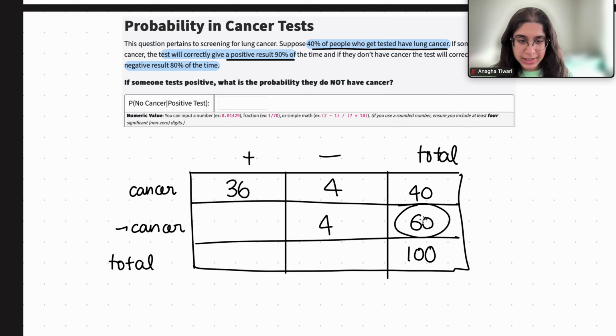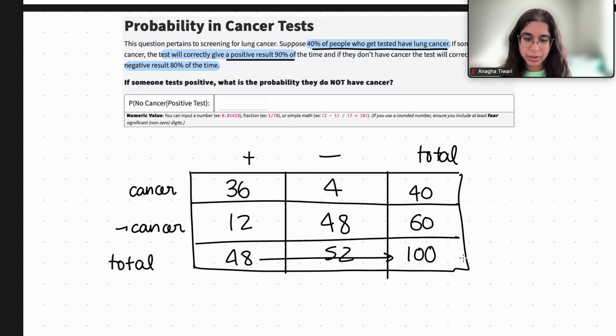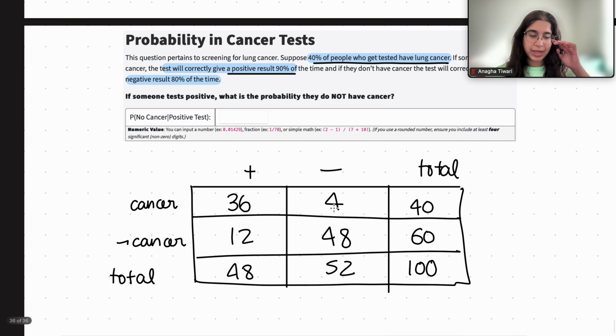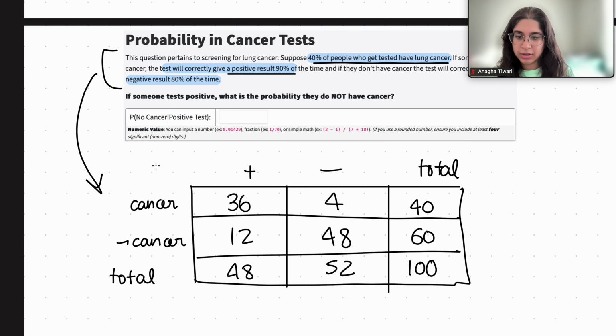So out of these 60 people who don't have cancer, 80% of them, or 48 of them, will correctly have a negative result. And then this you can just fill out here. This is 52, and then this is just going to be 48. And you want to make sure that these all add up to 100, which they do, and this all adds up to 100, right? So this is the table that we created from these probability statements.